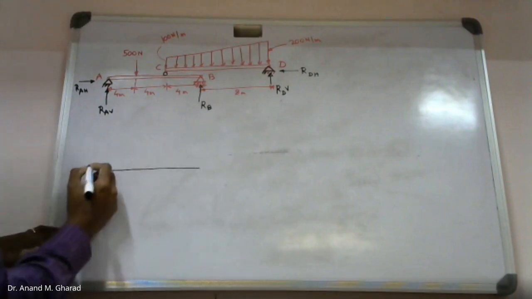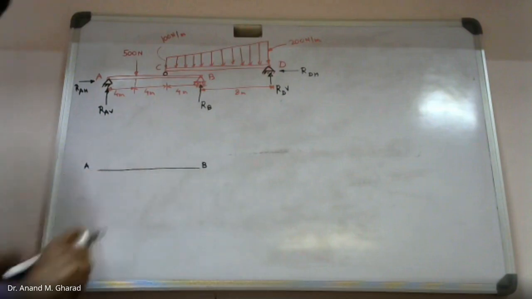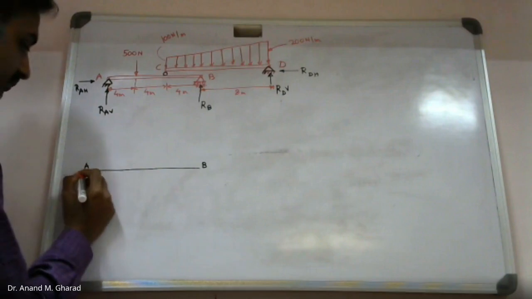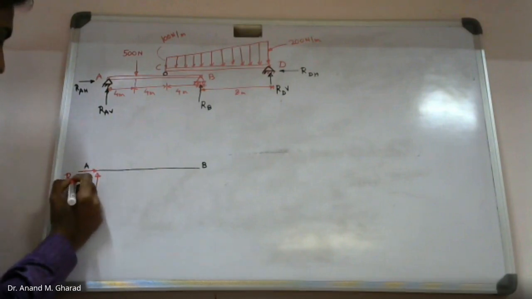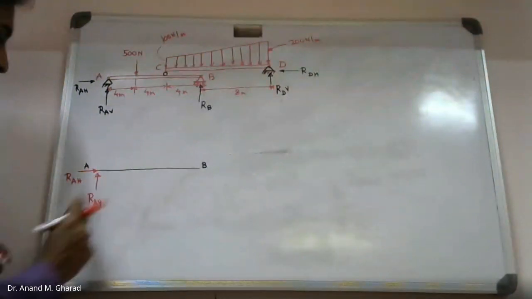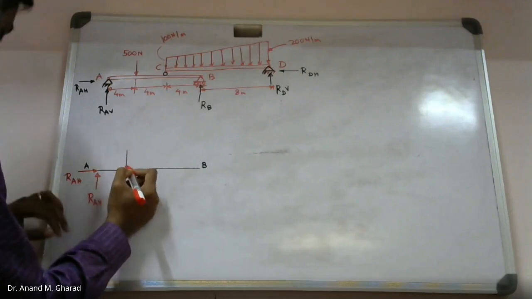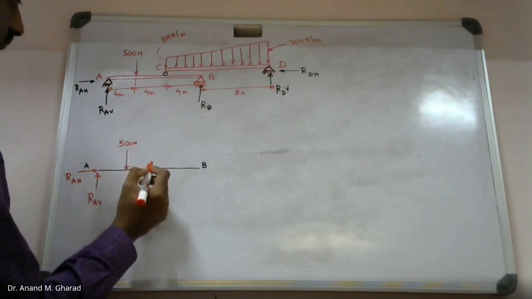This is, let's say, beam AB, and the reactions that may get developed at point A: RA horizontal, RA vertical. This is the 500 Newton load.